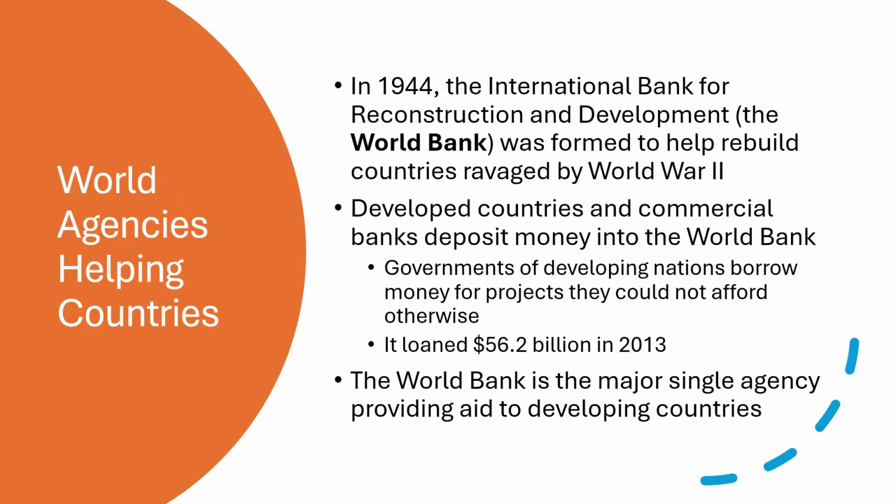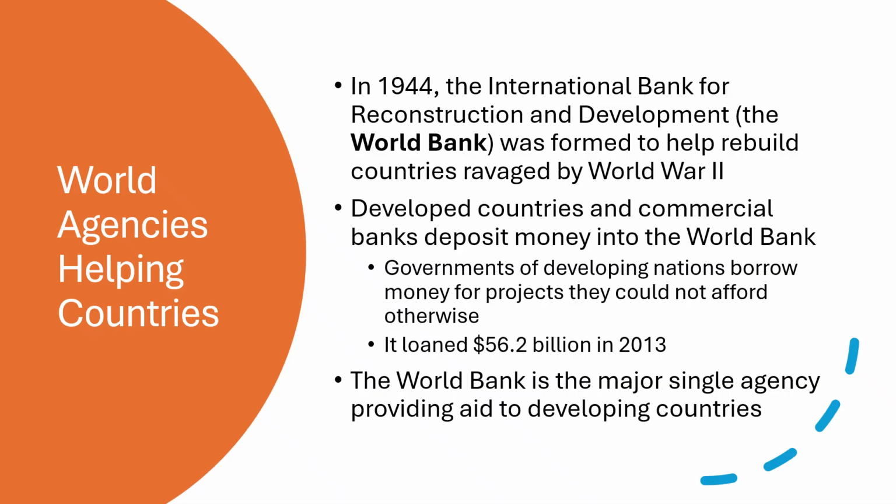So in order to reach the Millennium Development Goals and the Sustainable Development Goals, developing countries need funds. In order to get those funds, they can request funding from the World Bank. The World Bank is actually the International Bank for Reconstruction and Development.